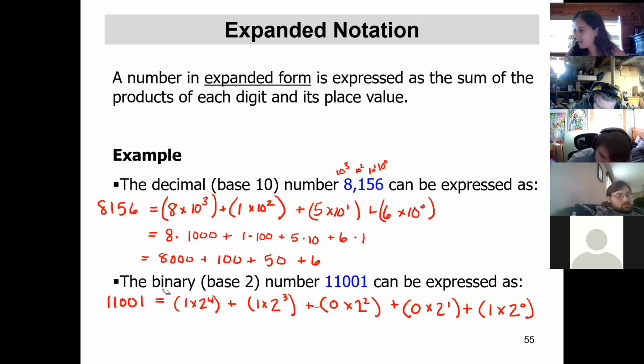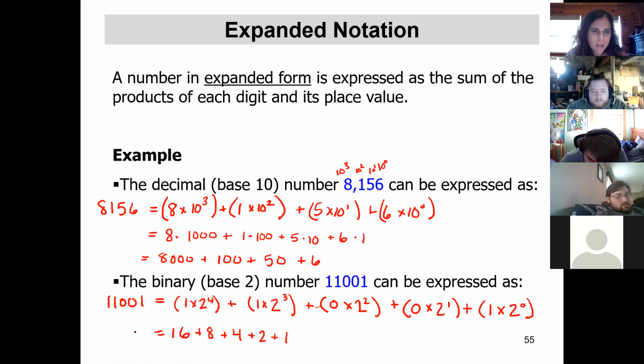Okay, we can add it. I can add this. We have 16 plus 8 plus 4 plus 2 plus, we said, 1. But this is going to be what we would consider in decimal.